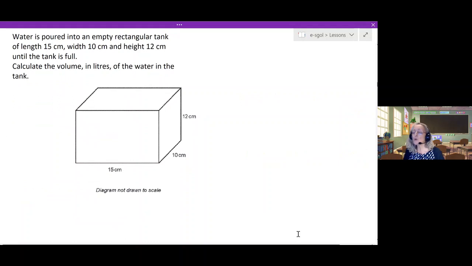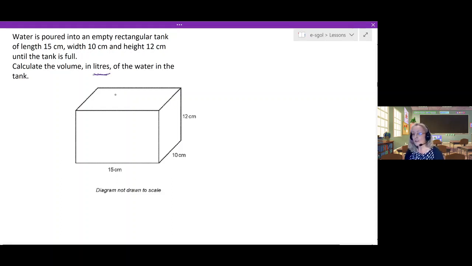It says water is poured into an empty rectangular tank of length 15 centimetres, width 10 centimetres and height 12 centimetres until the tank is full. Calculate the volume in litres of the water in the tank. So this one now is a little bit different. It wants the volume in litres.